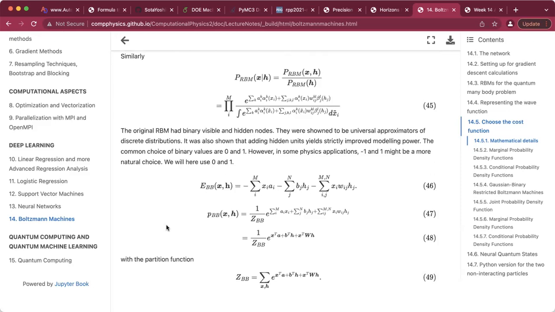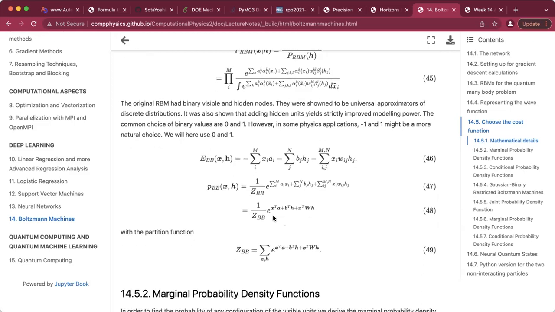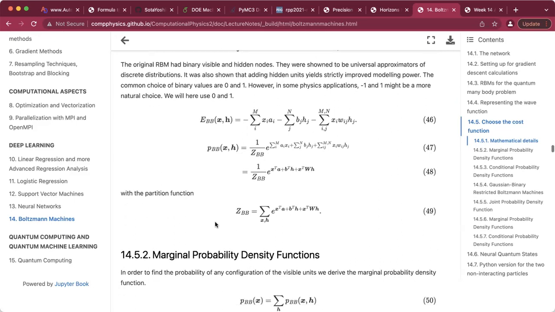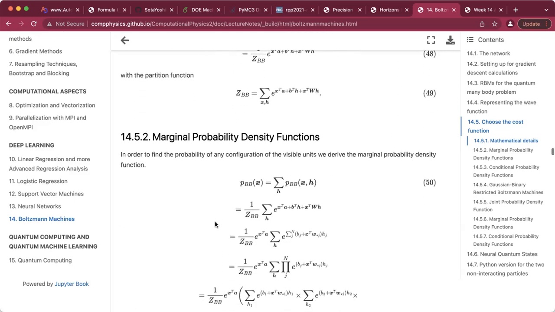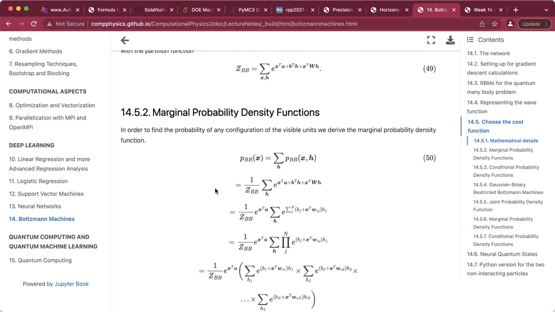But if you look at the simpler case, like the binary case, which is this one, since BB stands for a binary Boltzmann machine, you have a pretty simple expression for the final probability. And then the thing which is interesting for us is actually to calculate the marginal probability functions.